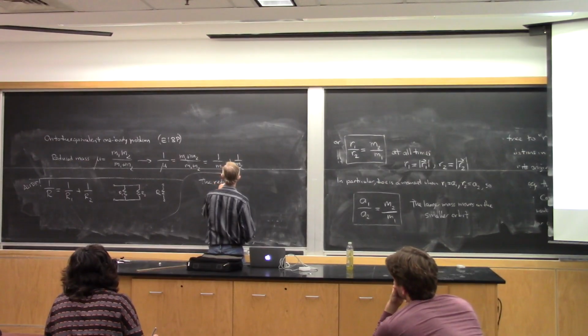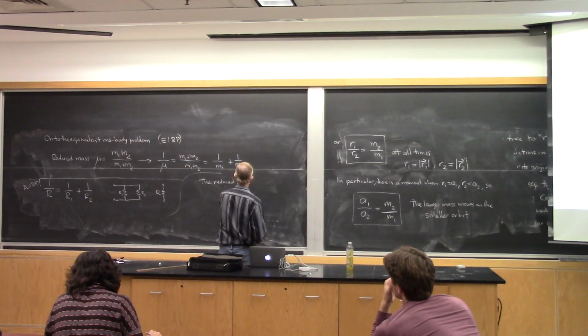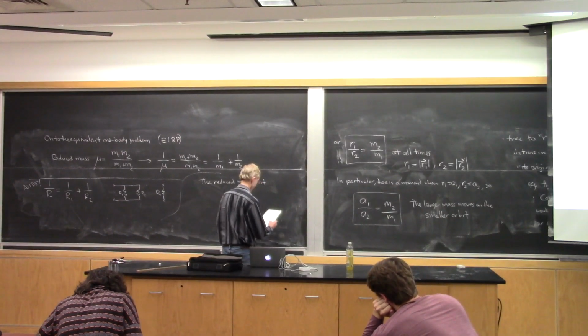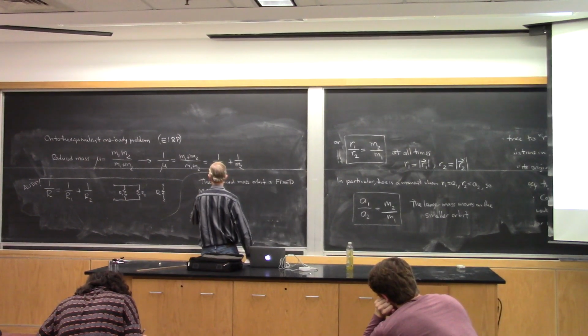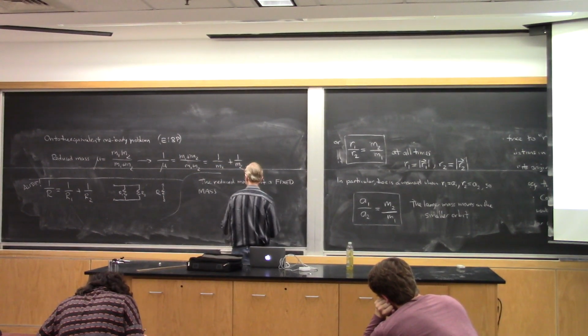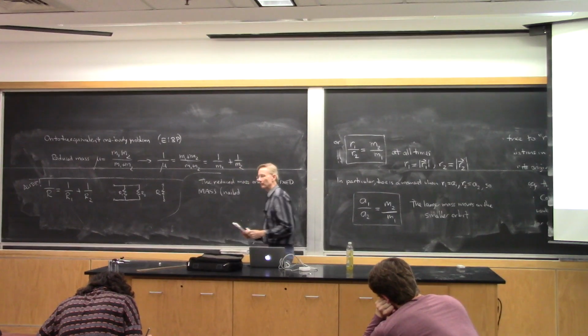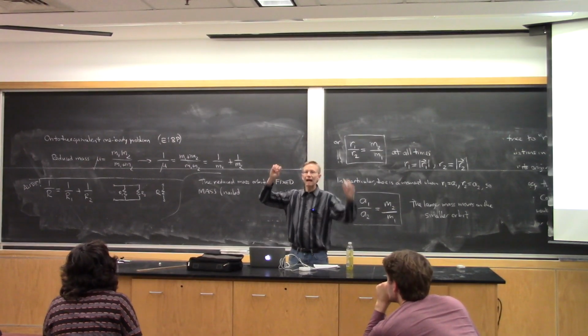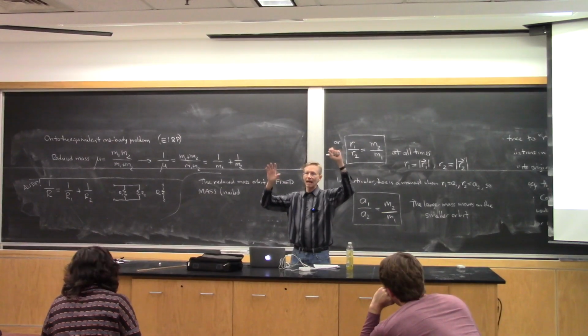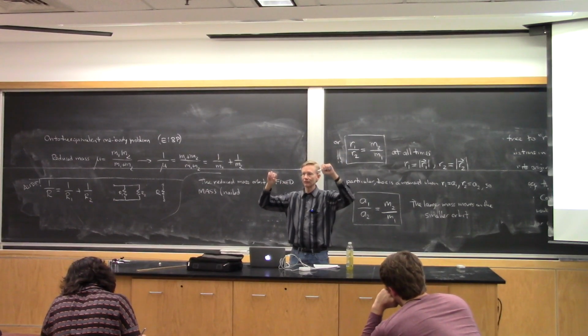The reduced mass orbits a fixed mass. So in other words, a little weirdness is in the equivalent one-body problem, mu orbits capital M, and capital M is just sitting there, which is not what would really happen if you had mu and capital M, because capital M would be moving under the influence of the gravity of mu.